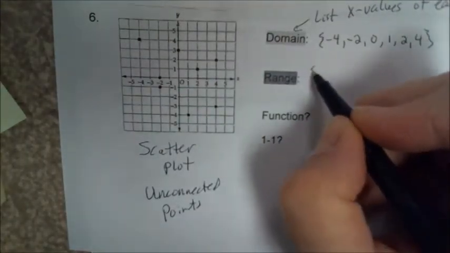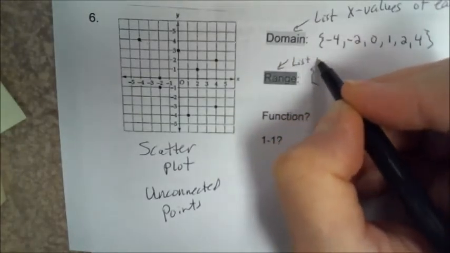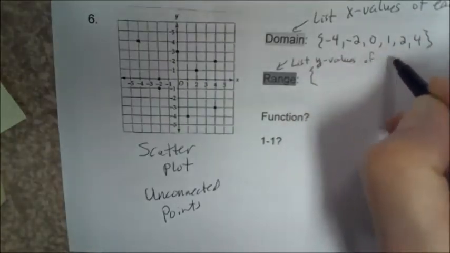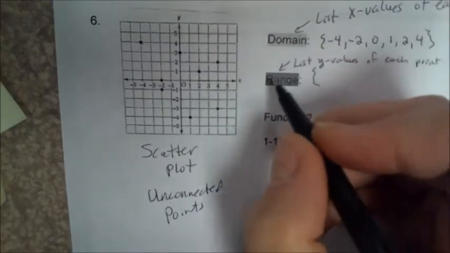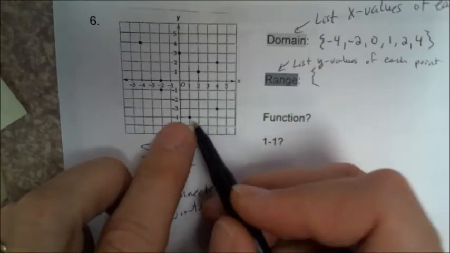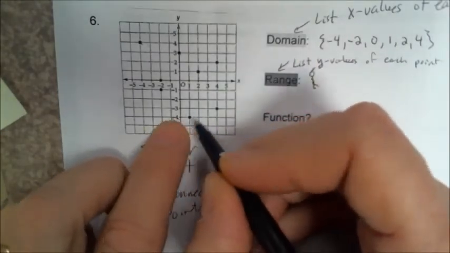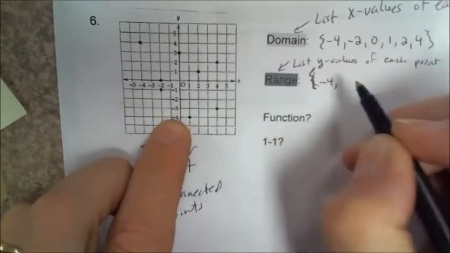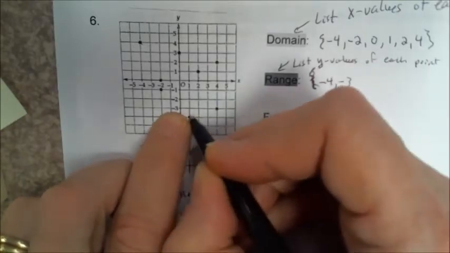And the range, you're going to list all the y values of each point. That's what range is, the y values. So let's see, I guess I'll start with the bottom point here. You don't have to go in this order. So the y value here is a -4. That's a terrible squiggly. Oh well. This y value here is -3.